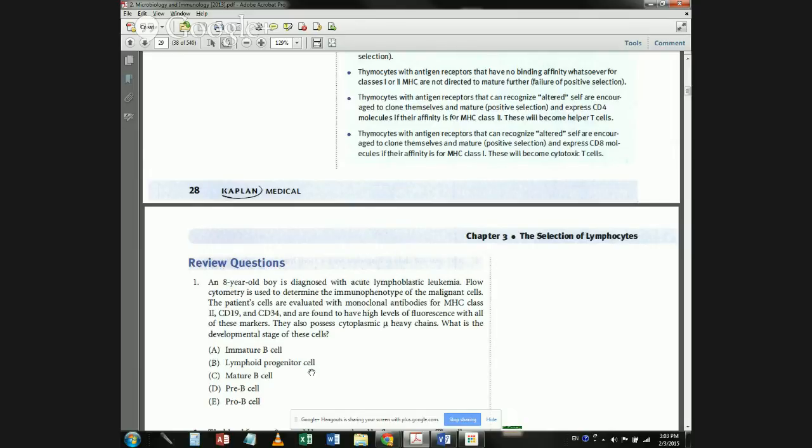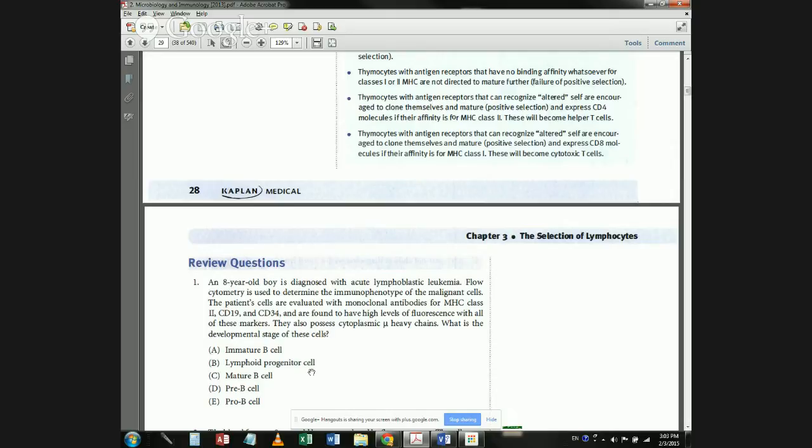So you have patient cells, you put monoclonal antibodies for MHC class 2, CD19, and CD34. Well, we know that it's a B cell. We know it's an APC. And they are found to have high levels of fluorescence with all of these markers.